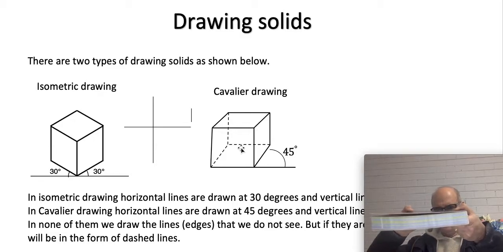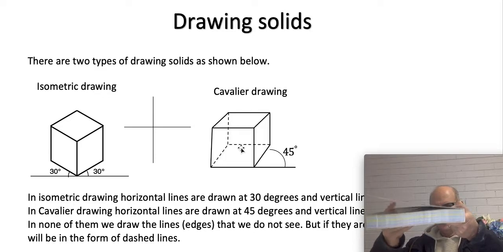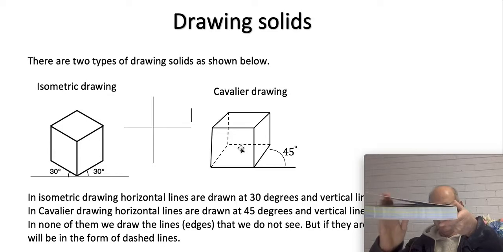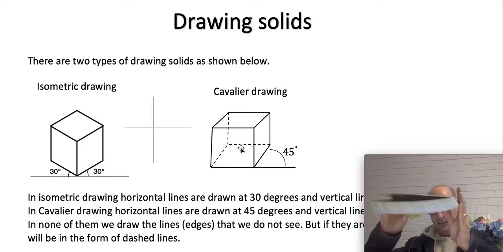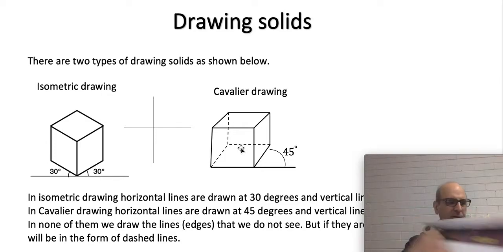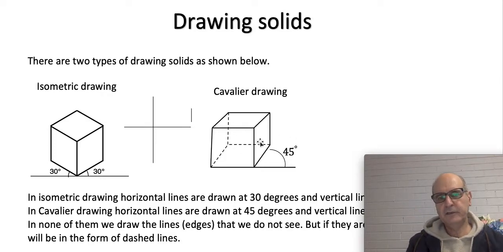You're not meant to be seeing other faces around. But still, we show a bit of that face, like this, but this time at 45 degrees. Okay, that is oblique, that is isometric.